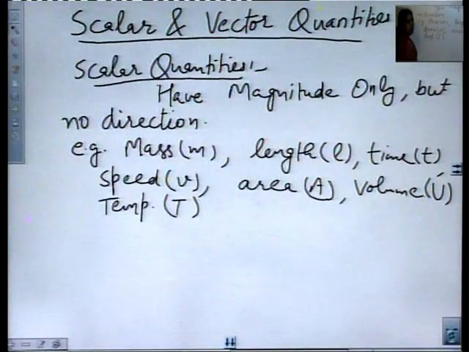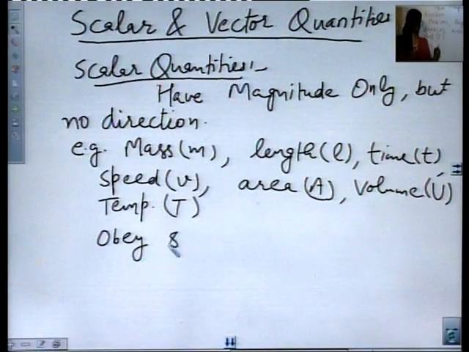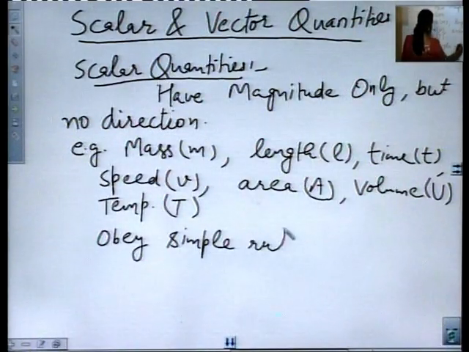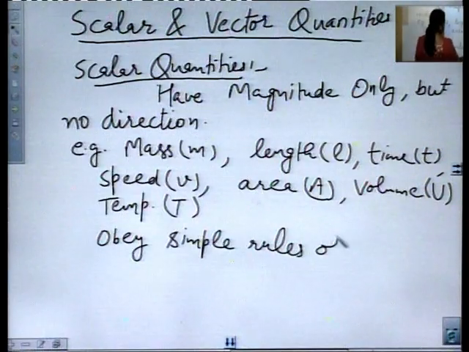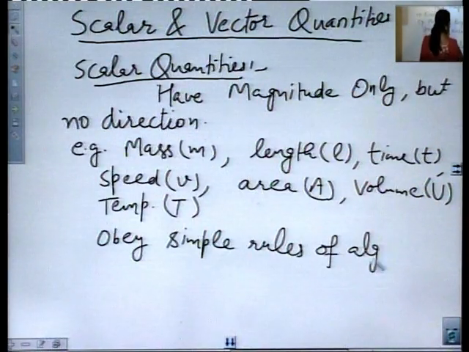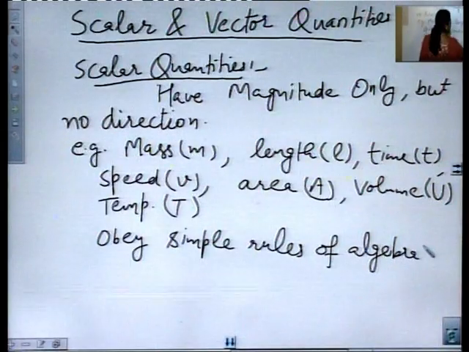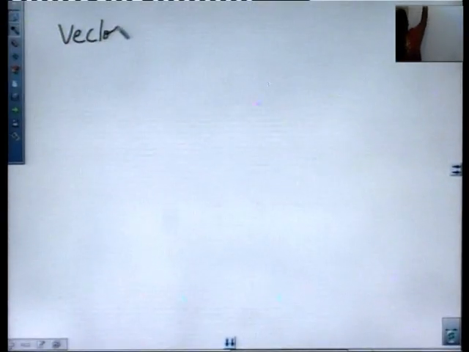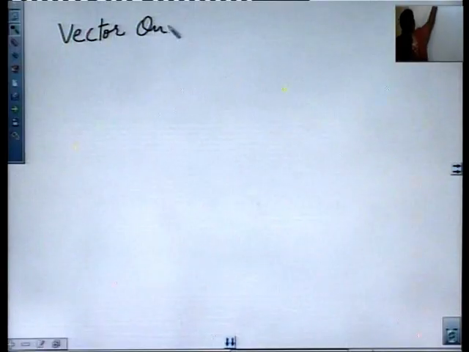The scalar quantities obey simple rules of algebra, which means they are added, subtracted and multiplied by the simple rules of algebra. Now the next is vector quantities.